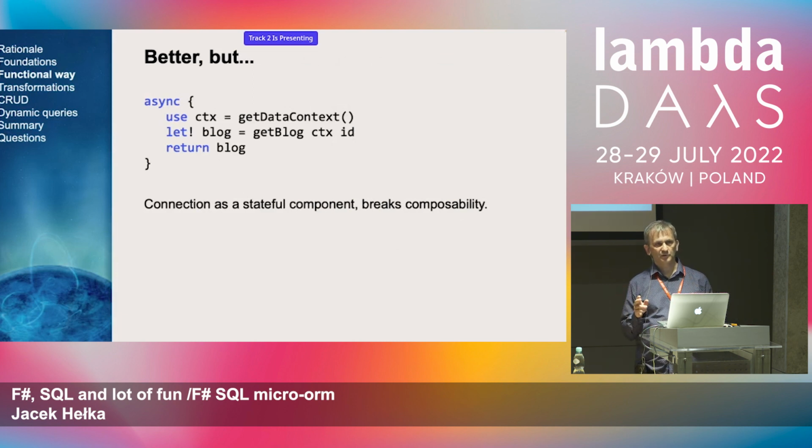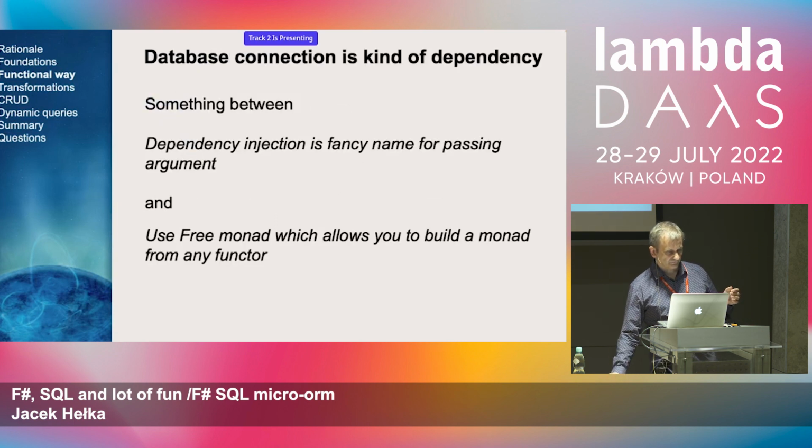We have another problem. The problem is that we have to manage some stateful objects when working with our data access functions. It's database connections and transactions and so on. And it breaks our composability, so it's important to do something about it.